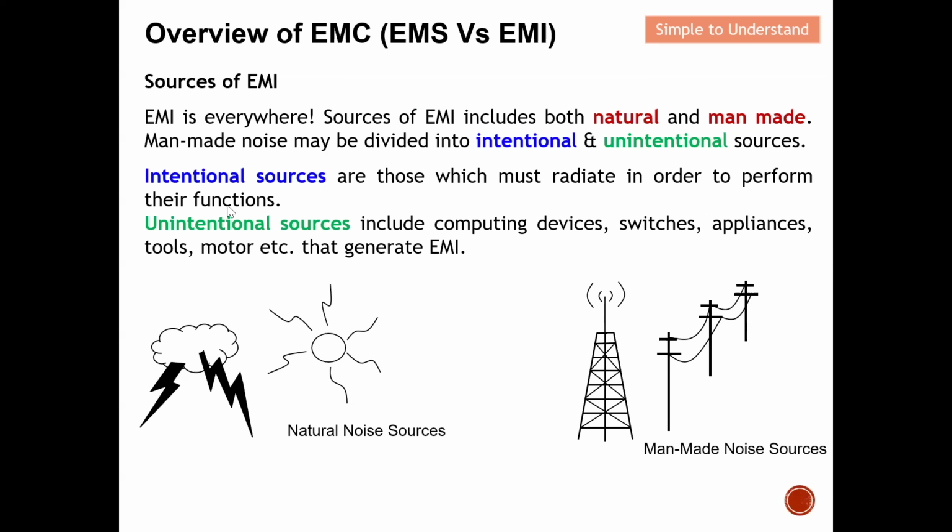So this is what we lump as intentional source. What is an unintentional source? These are, for example, some computer devices, switches, appliances, tools, motors, etc., which generate and release unintentional energy into the environment. So this is what we call the unintentional source.